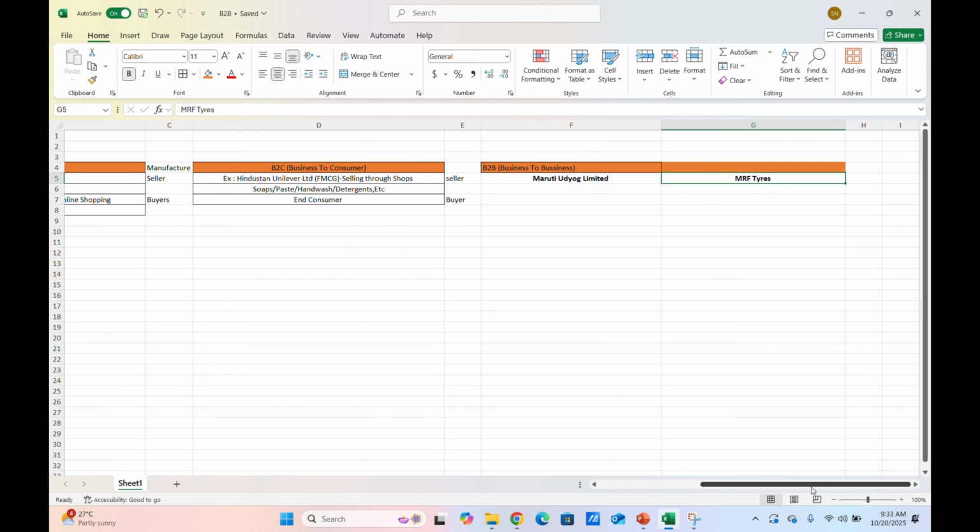They specialize in designing, producing, and supplying tires for different types of vehicles, from two-wheelers to heavy trucks. You all know that. So let's take an example here. This is going to be our process 2 for B2B.